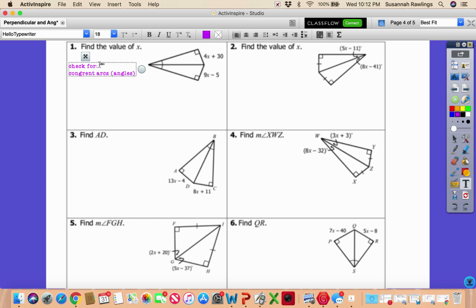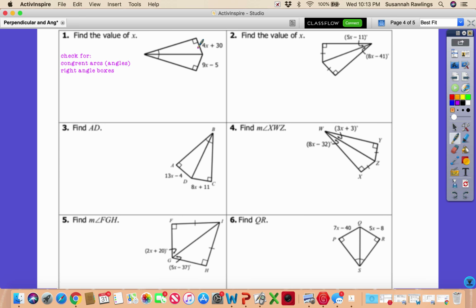And then also our right angles down at the bottom, but really as long as we have congruent arcs there, that's going to tell me that that's an angle bisector. But I'll also put my right angle boxes. So we want to check for that first. Once we see that, then I can say that these are the same distance away from my angle bisector. So we can go ahead and set these equal and solve. So pause the video here and see if you can set this one up.